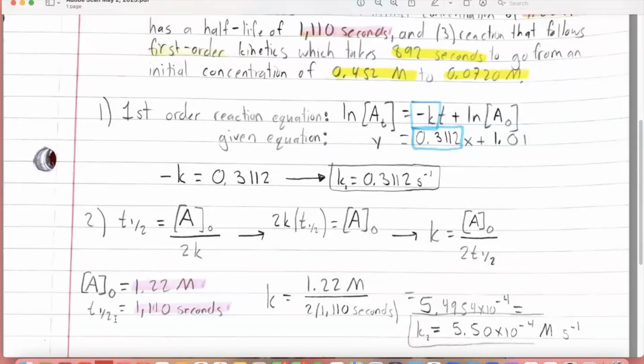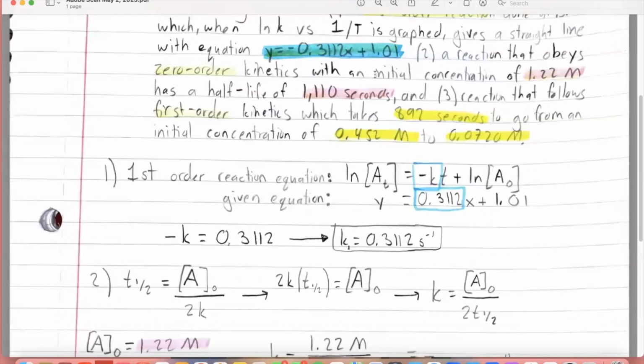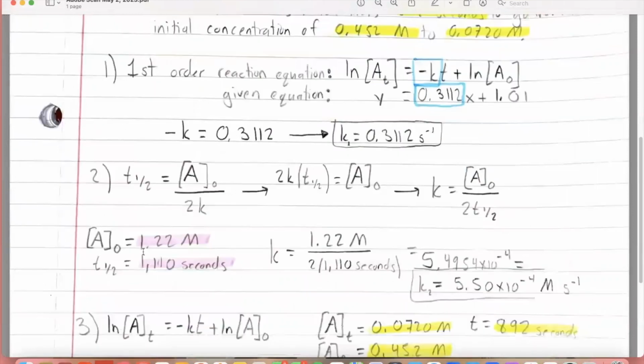And now we're given these quantities, the initial concentration, which we can find if we scroll up right here, where it says initial concentration, and then the half-life is 1,110 seconds here. We'll plug those values into our equation and solve for k. First by multiplying these together and then dividing 1.22 by this number. We'll get a long number in our calculator, and we will round this to 3 significant figures because 3 significant figures is the minimum number of sig figs given in our equation.